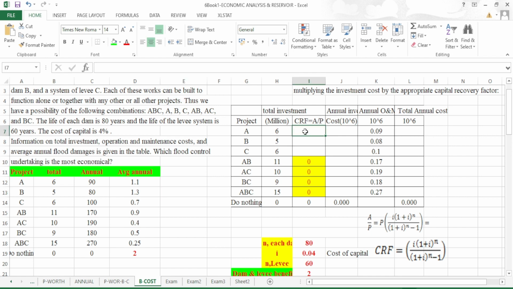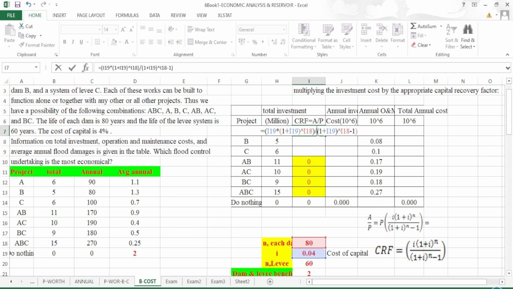To estimate the capital recovery factor, you have to press the equal sign, then open bracket, click on interest rate times, open bracket, 1 plus i, close bracket, to the power of n, close bracket, over, open bracket, 1 plus i, close bracket, to the power of n minus 1.